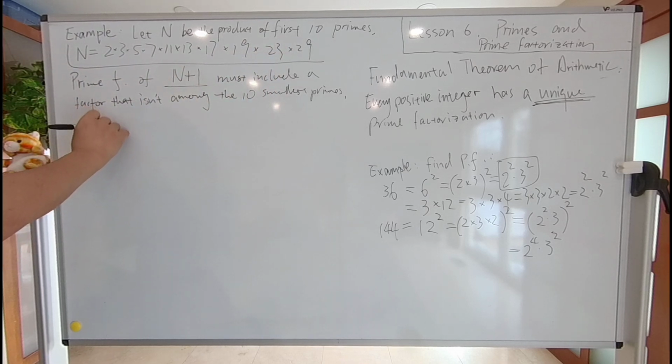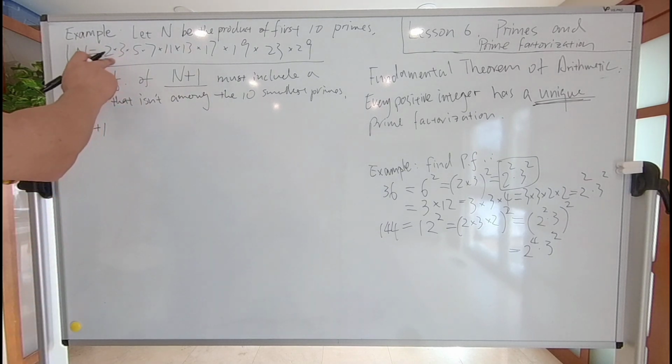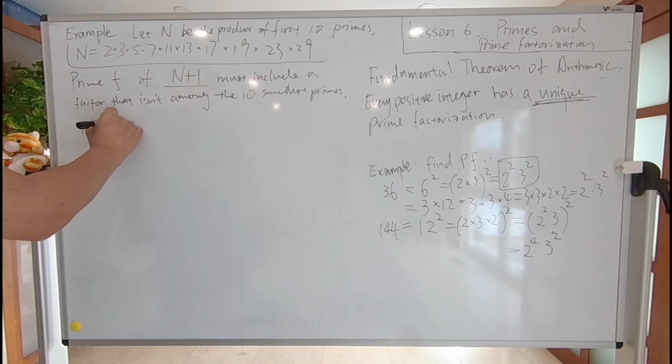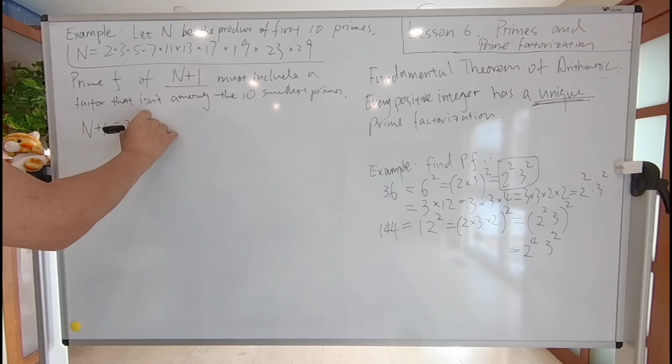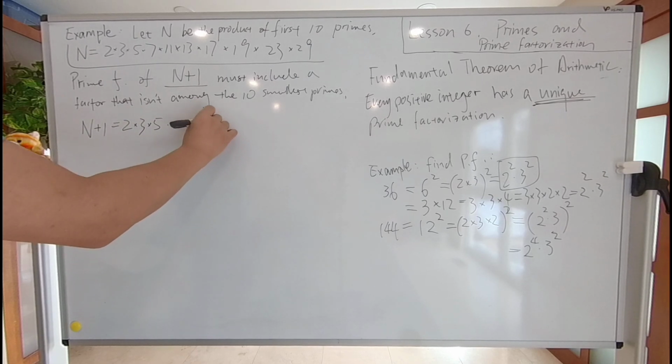So we claim that n plus 1 has no factor, or even if there exists a factor, that factor is not any of these 10 numbers. 29 plus 1.